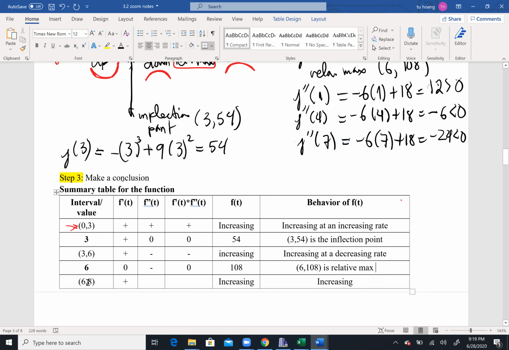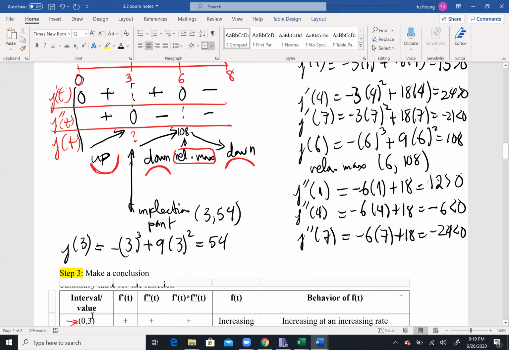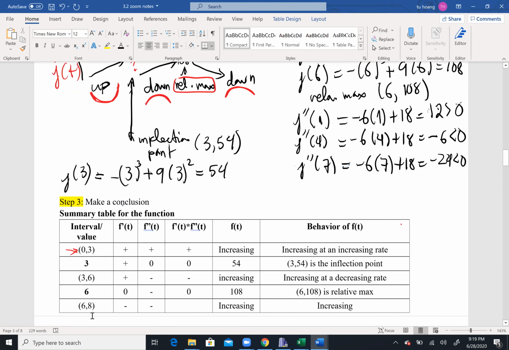Okay, and now for the interval from 6 to 8, I know that f'(t) has to be negative, and then the second derivative of t is positive. Oh, no, it's negative. Let me check again. Yes, negative. Both are negative. See that?